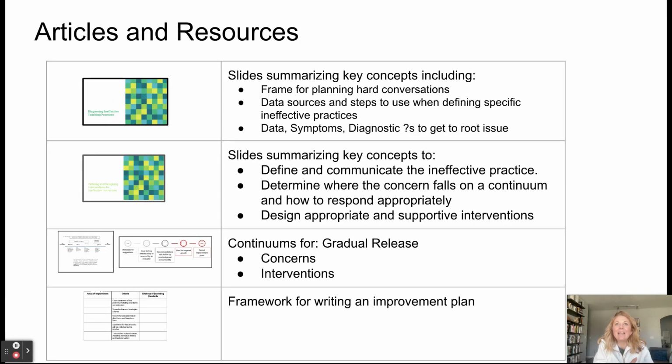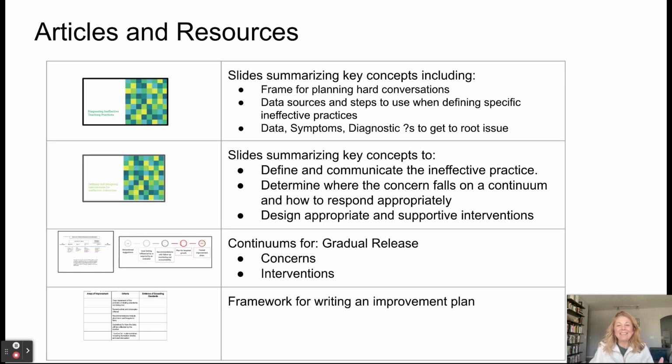And that's why the data is so important at this point in time. And then to very clearly communicate what the expected practice would look and sound like. And so that is the goal of diagnosing and communicating a problem. That requires courage and conviction.